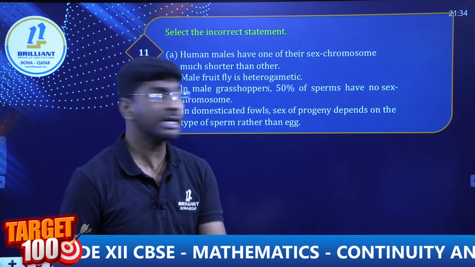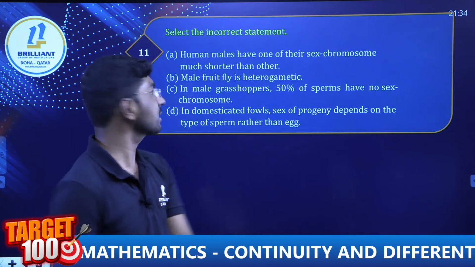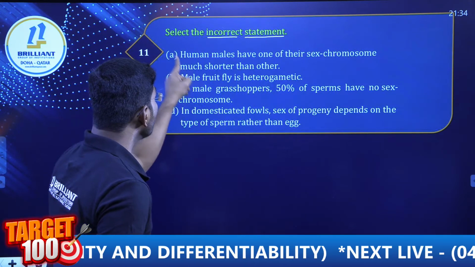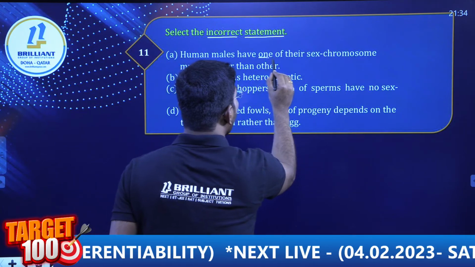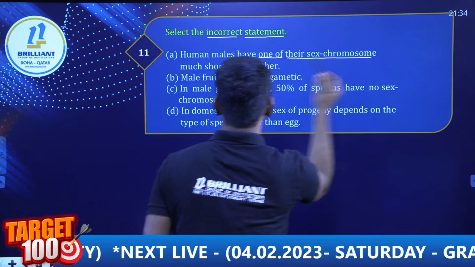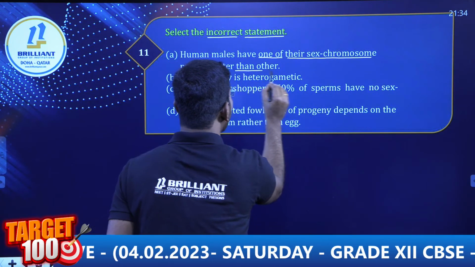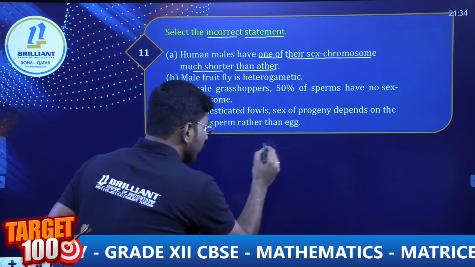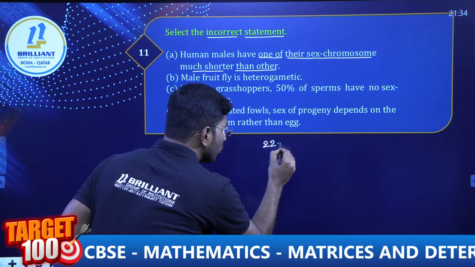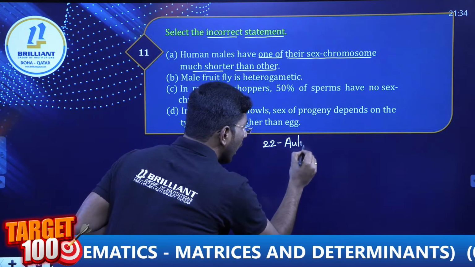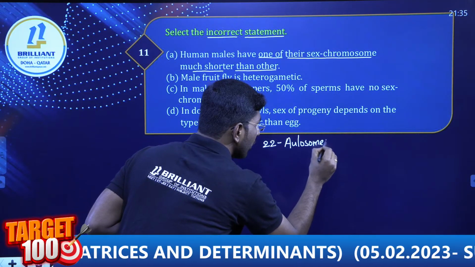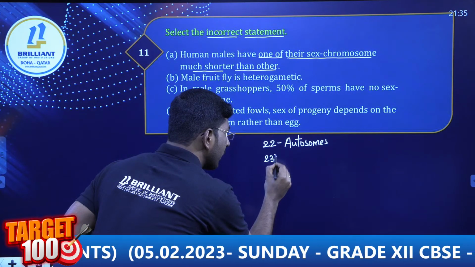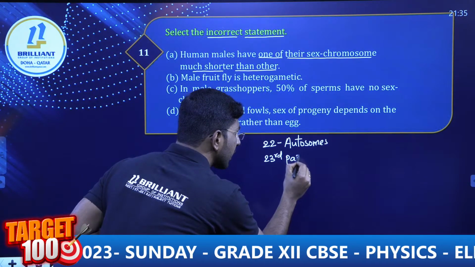Look here, they are asking for the incorrect statement. Select the incorrect statement. Option A: Human males have one of their sex chromosomes much shorter than the other. We know 22 pairs of autosomes, and the 23rd pair is the sex chromosome.